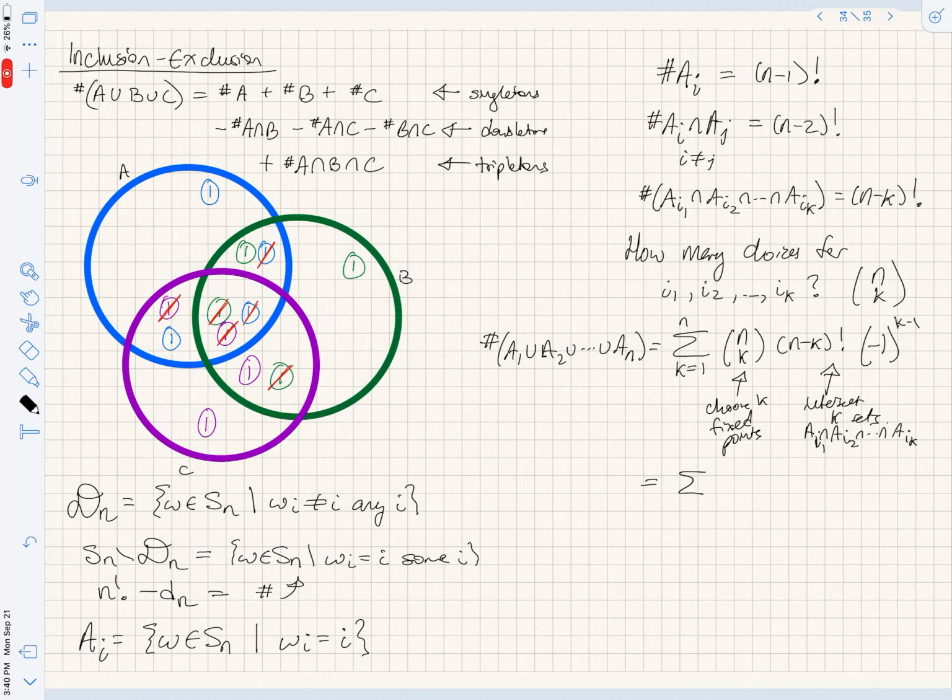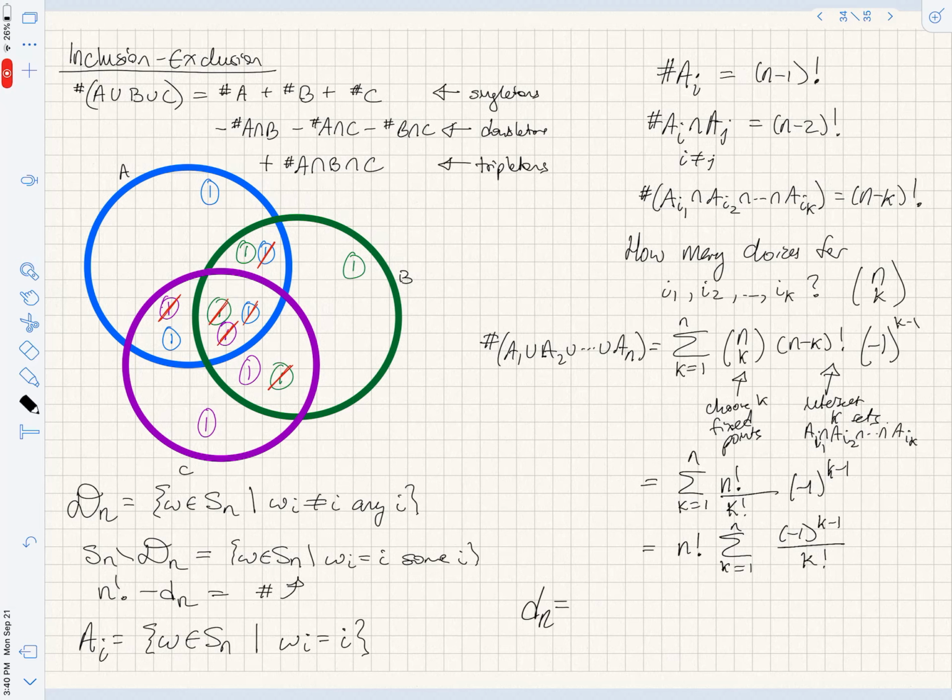So this is equal to the sum from k equals 1 to n of n factorial divided by k factorial, times minus 1 to the k minus 1. So what is that? Well, the n factorial doesn't depend on k, so we can pull that out. It's n factorial times the sum from k equals 1 to n of minus 1 to the k minus 1 over k factorial.